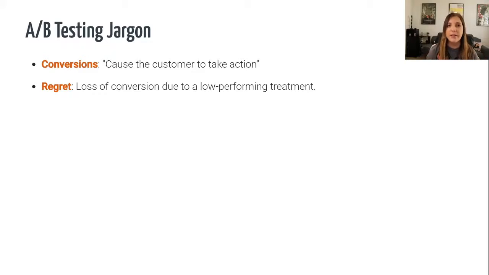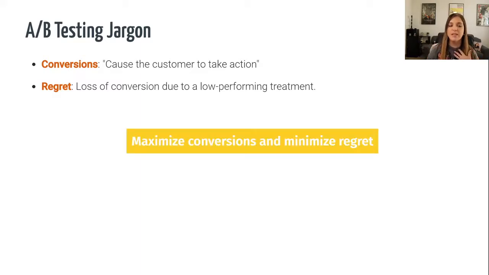Okay, regret, on the other hand, is basically the loss of conversions due to a low performing treatment. So you have to balance two things: maximizing conversions and minimizing regret. Because a lot of the time when you're testing two different treatments, one of them is doing better than the other.